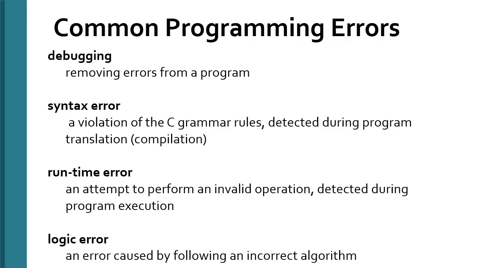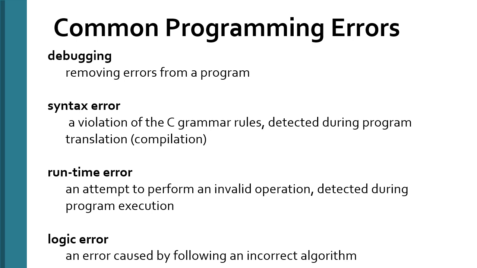So here's some other things about programming. These are some terms about errors in programming. Debugging means that you take your program and you go through it and you find errors and you remove them. So we will learn how to find ways to catch our errors in our program. The next term is syntax errors. If you looked at the last video, the source code is written in a text file, and the first step of the compiler is to compile that code.